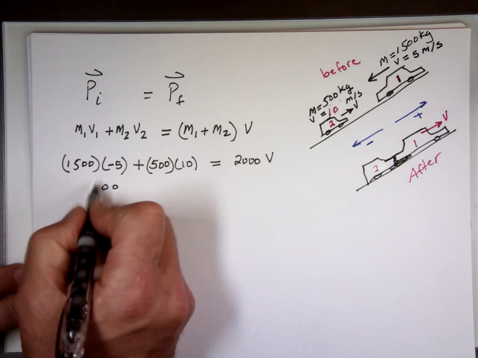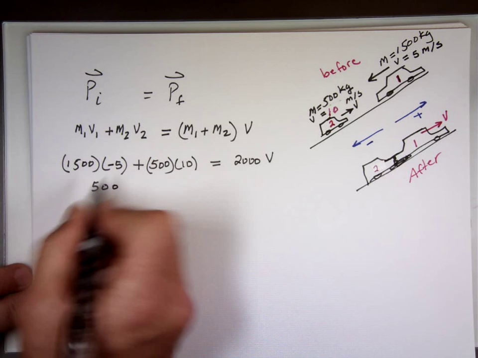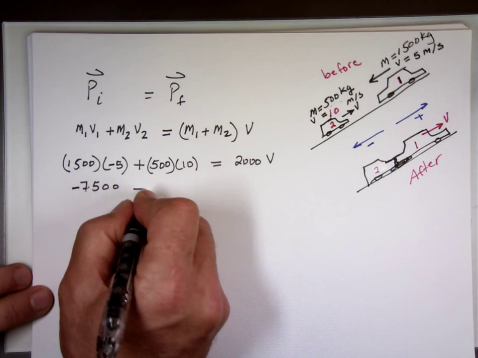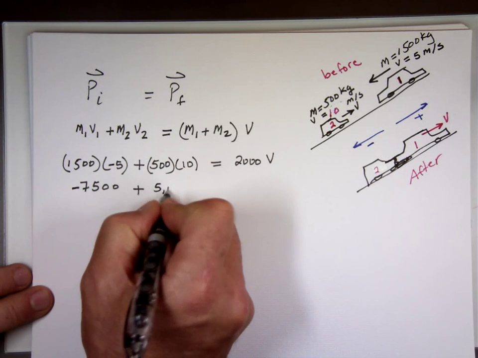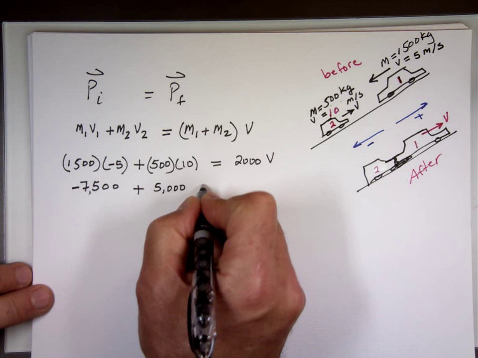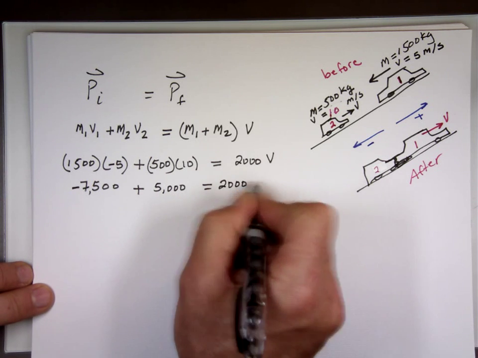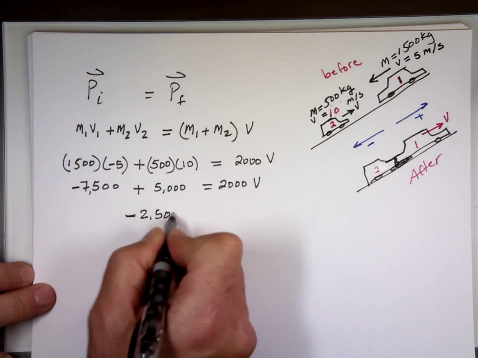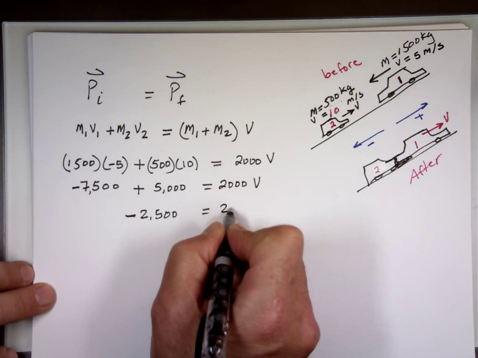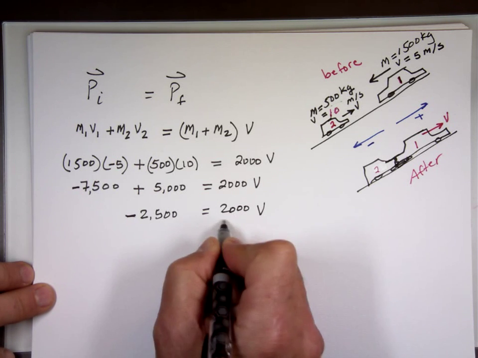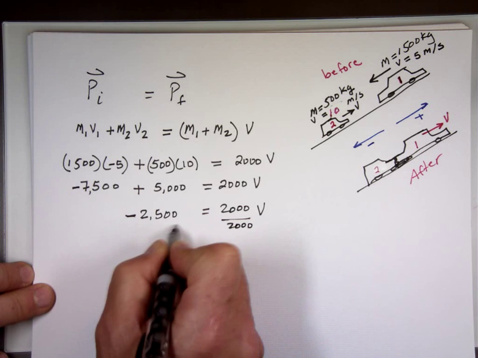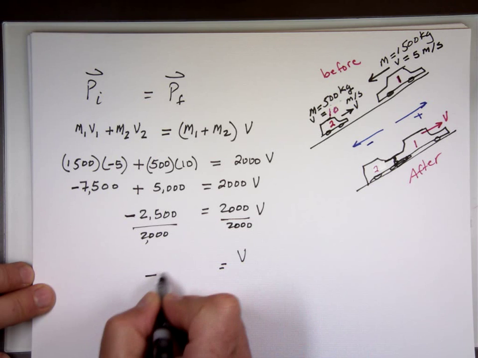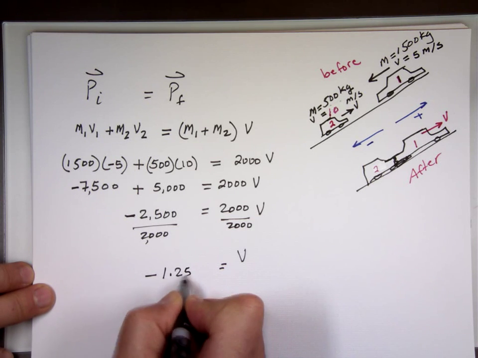Five times 5 is 25. Is that -75? 100, I think. -2,500 equals 2,000 V. To get V, we divide by 2,000. -1.25 meters per second.